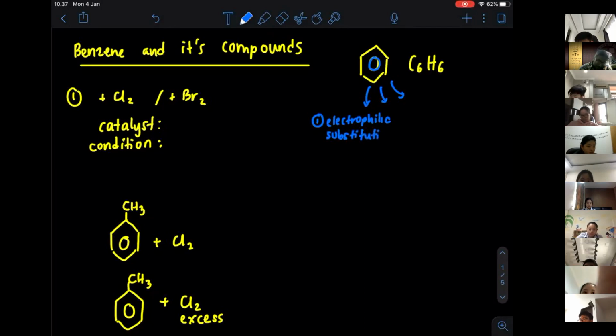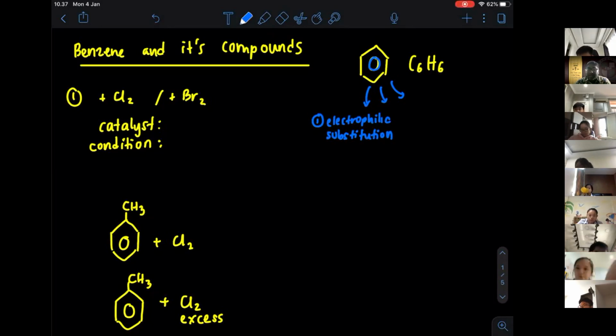We already learned about this mechanism, electrophilic substitution. Apart from electrophilic substitution, there are two more reactions that we learned. If you have methyl benzene, you can have free radical substitution.